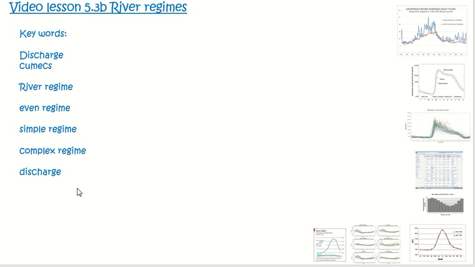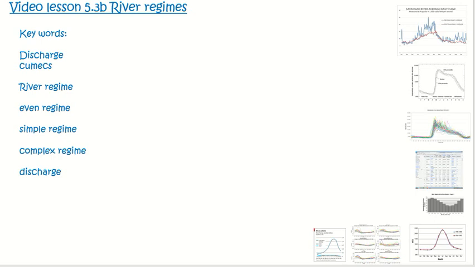Often human factors also tend to play a part in influencing these rivers, because they tend to be that long, that large, and have a high discharge throughout the course. So take a minute just to tidy up and define those keywords before you move on.